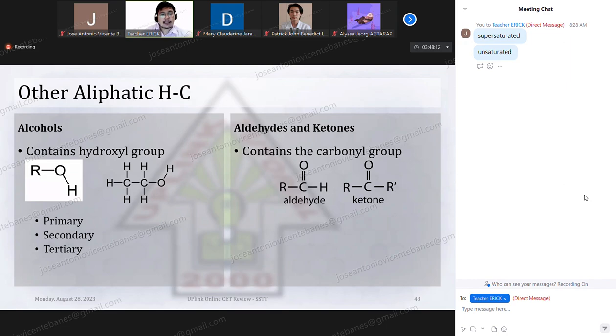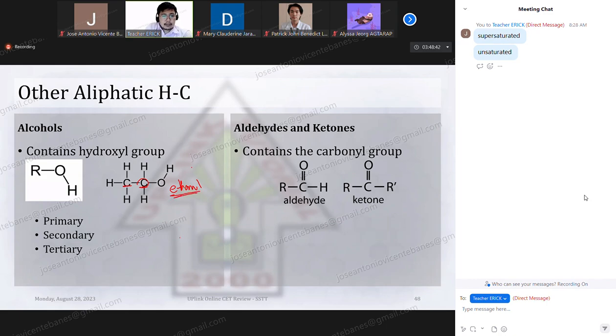Now, a primary alcohol is one where the carbon bearing the OH group is located at the end of the structure of the chemical, and therefore it is attached to only one carbon. So this is an example of an alcohol, and this is known as your ethanol. So we have two carbons, then ethanol is the name for that one.